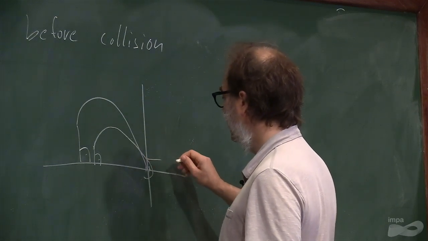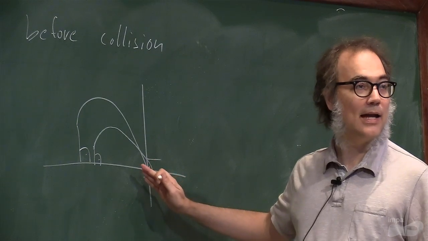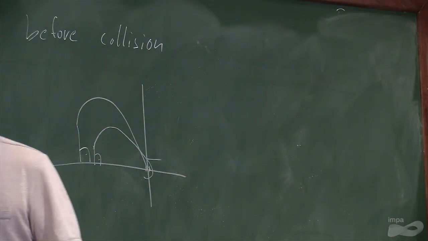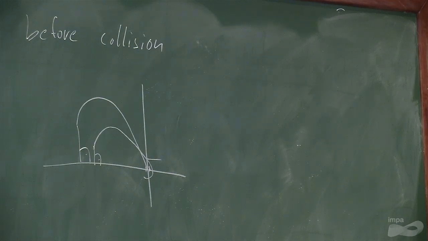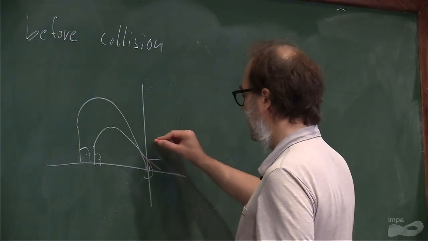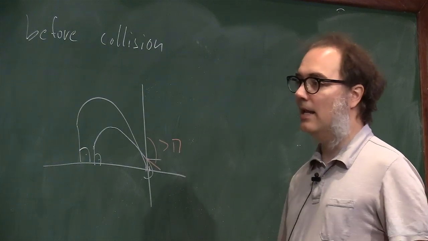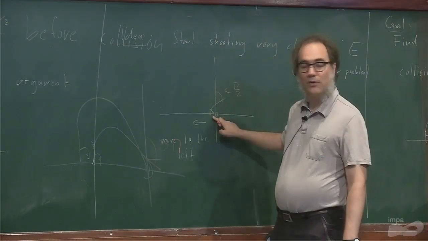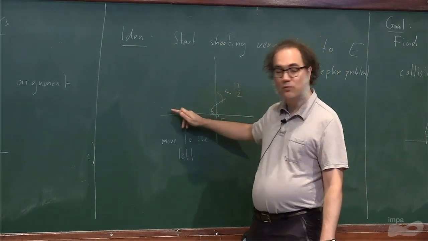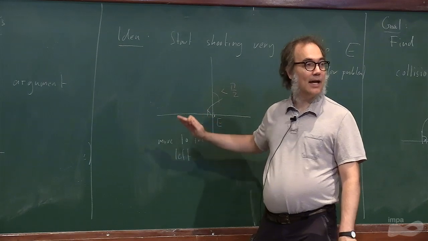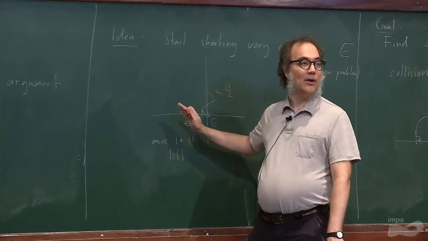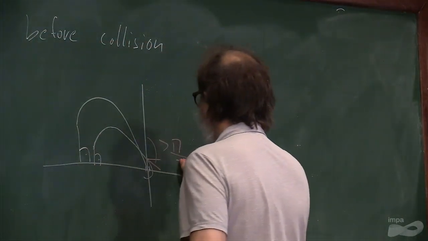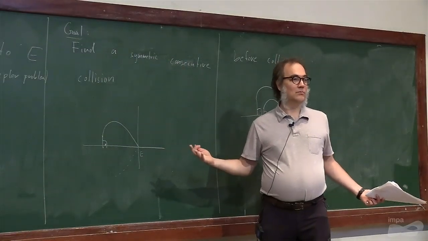But here you see the angle is bigger than pi. And now we use the intermediate value theorem. If you shoot very close to the Earth, we have angle less than pi over 2, then we move, the angle changes, and at one point it will be more than pi over 2. So somewhere the angle has to be pi over 2, because of continuity.